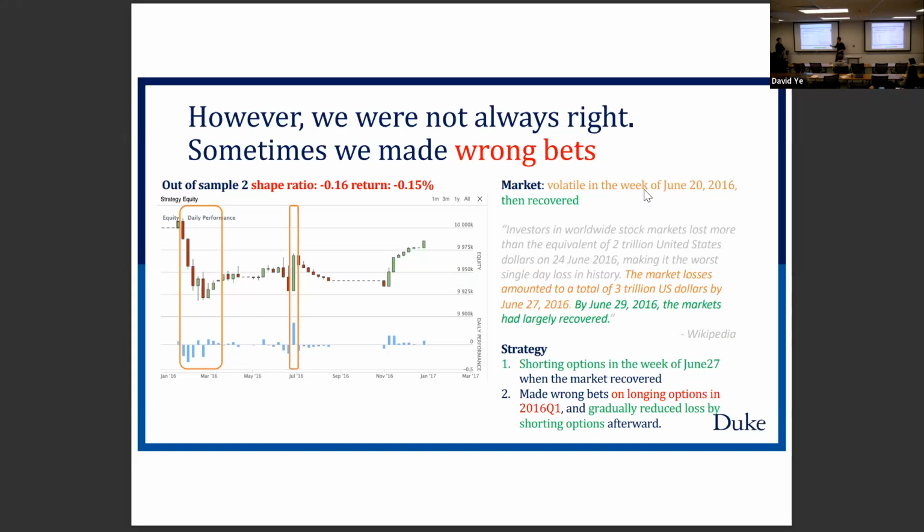However, there's a mistake that our strategy made. In the first quarter of 2016, our strategy thought that the volatility was underestimated, so it kept going long options and kept making mistakes until almost the end of that quarter. Then it realized that the volatility would not increase, so it reduced the loss by shorting the options. But the damage was done, which is reflected in the Sharpe ratio.